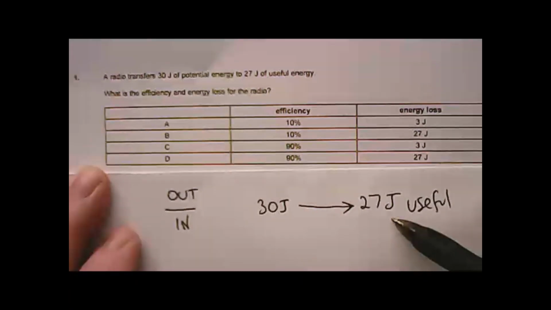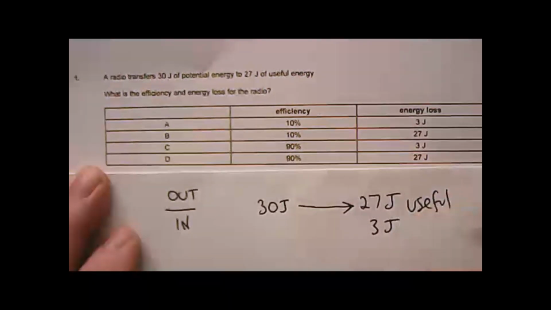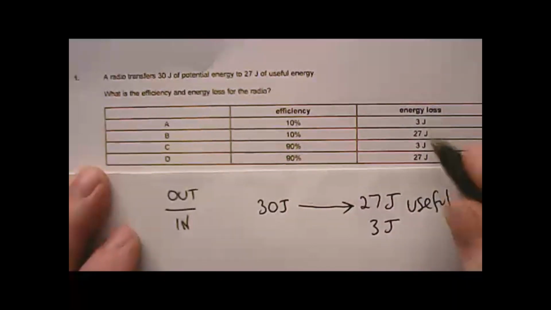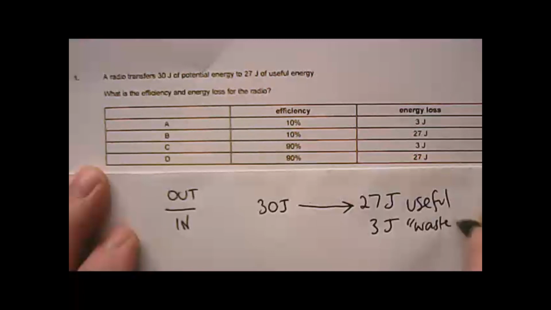We can't destroy energy, we can't create it, therefore we must be able to account for it. We've got 3 joules missing. That is what has been lost somehow or wasted. Any energy that is not useful, we can describe as wasted. So we can straight away state that we've got 3 joules of wasted energy. That gives us A or C.